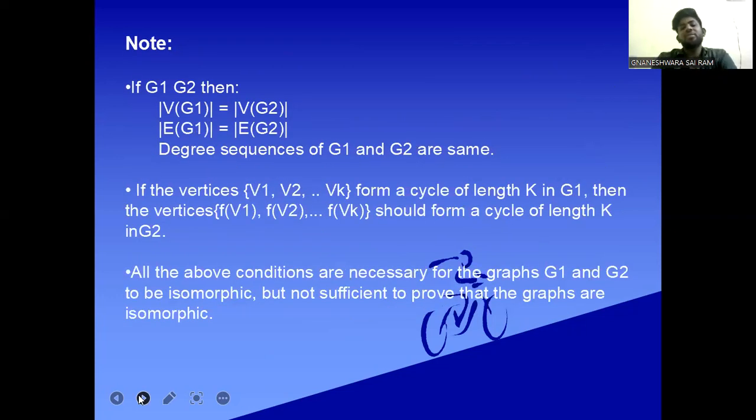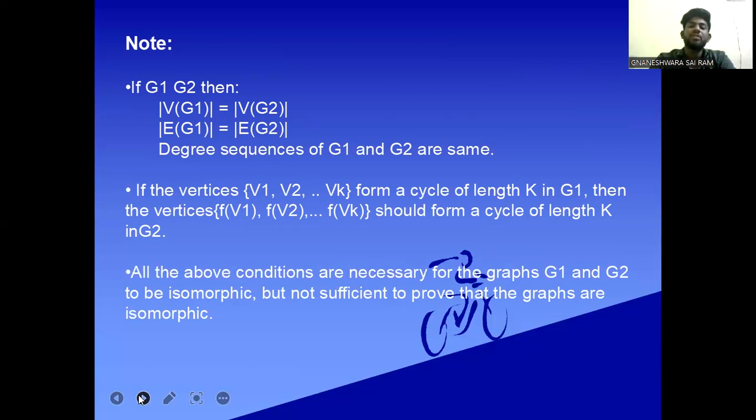Note: if G1 is isomorphic to G2, then the number of vertices of G1 equals that of G2, the number of edges of G1 equals that of G2, and the degree sequences of G1 and G2 are the same. If the vertices V1, V2, up to Vk form a cycle of length k in G1, then the vertices f(V1), f(V2), up to f(Vk) should form a cycle of length k in G2.